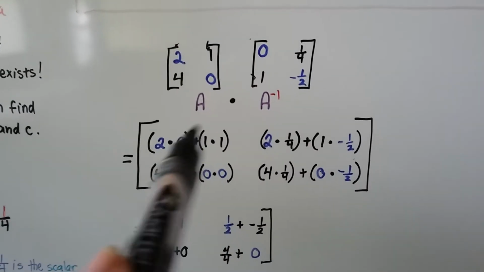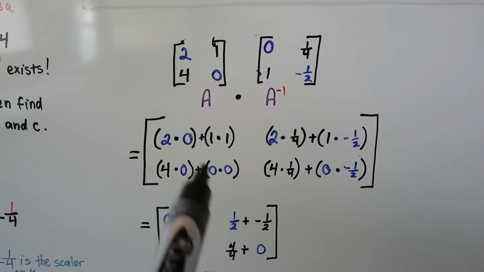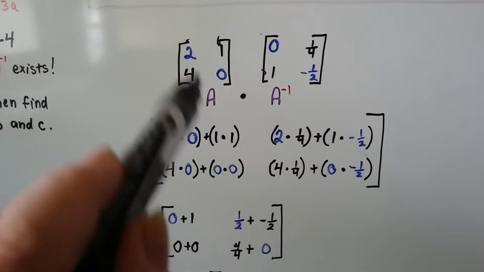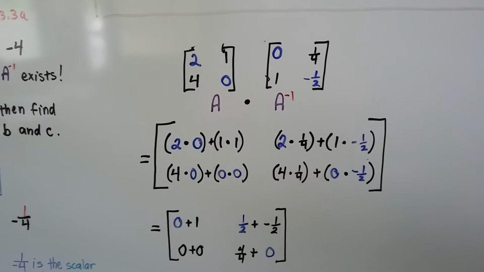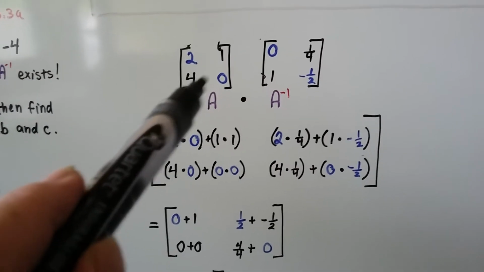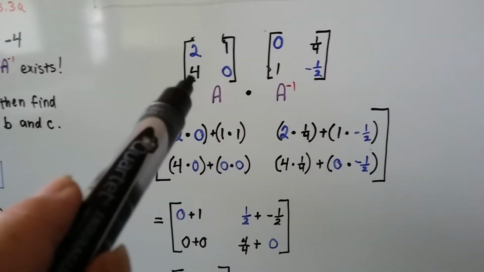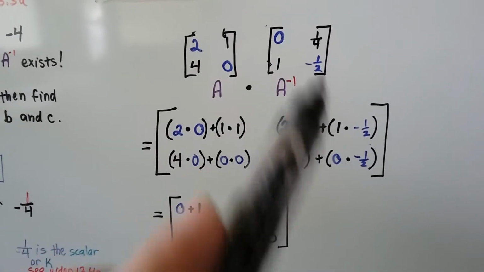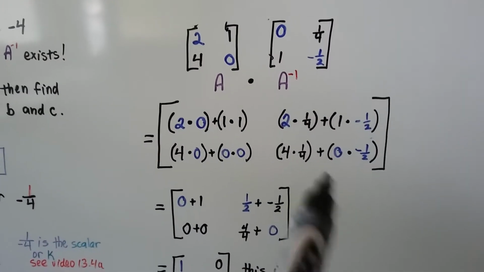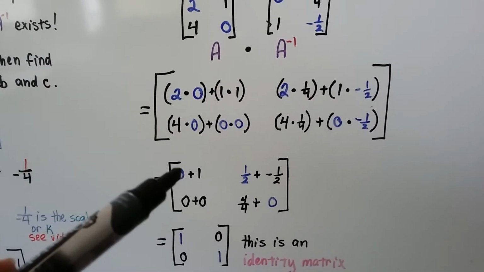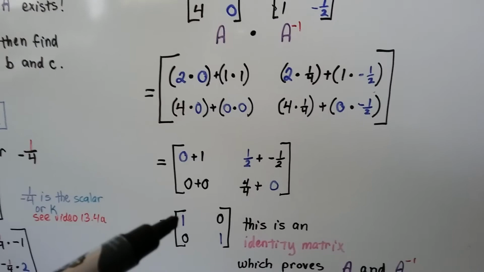So this is that A value, this is the B value, this is the C value, and this is the D value. See how you have a gap in between here? Then we do the 4 to this column, to the 0, and the 0 to the 1. Then we do the 4 to 1/4 and the 0 to the -1/2. All right? When we multiply these and then add their products, we're going to get a 0 plus a 1, which is a 1.